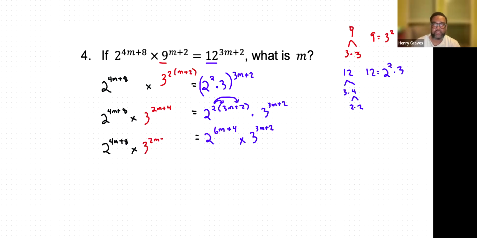So I'm going to take this guy here, equal to this guy over here, so I'm going to have 4m plus 8 is equal to 6m plus 4. The reason I can do that is because they both have the same base. You see that? We have a 2. So I'm going to do my math.